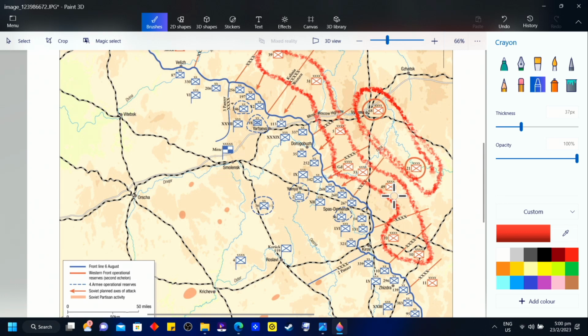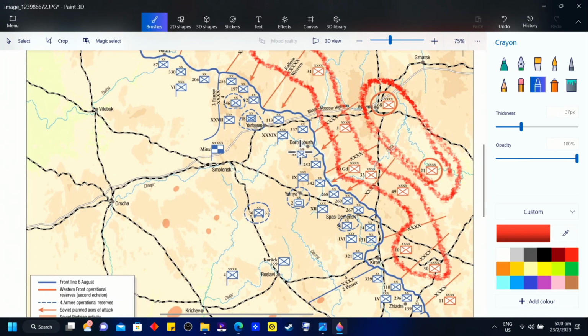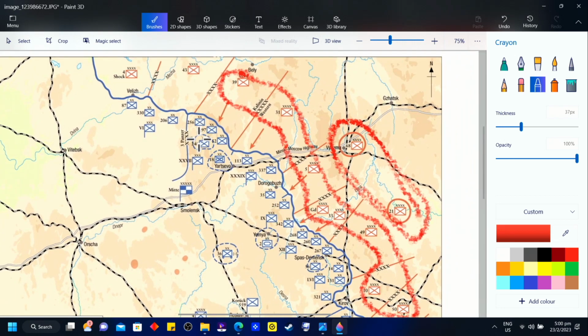So let me read a bit. The Stavka provided the Western Front with 4 assault engineer brigades to assist in obstacle clearing. This was a huge improvement from previous human wave attacks that the Soviets used against well defended German positions.